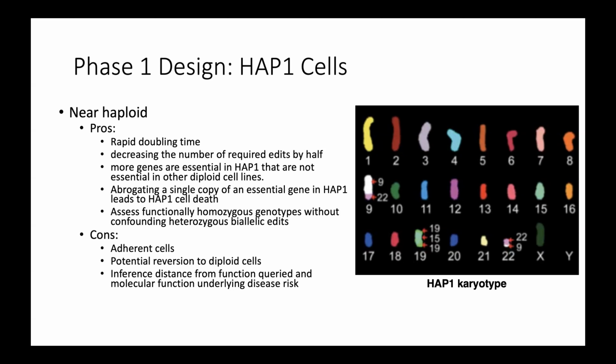Many genes will not necessarily affect cell viability, but can certainly manifest in molecular, cellular, tissue, organismal phenotypes without necessarily compromising cellular viability. And so we need to make sure that we're assessing genes where cell viability as a phenotype actually makes sense.